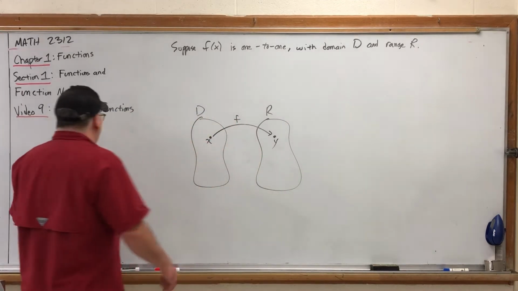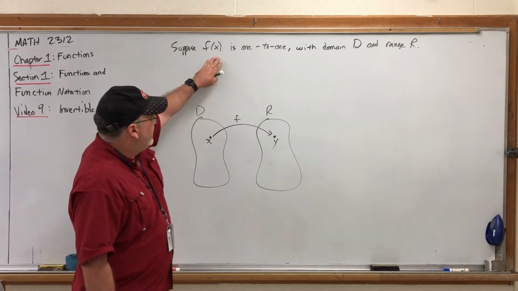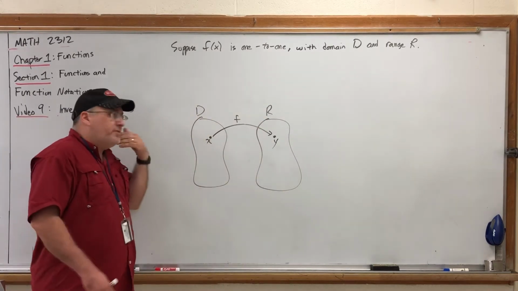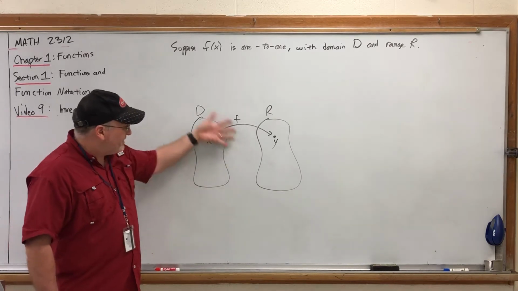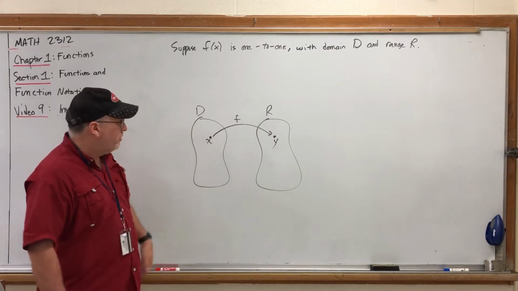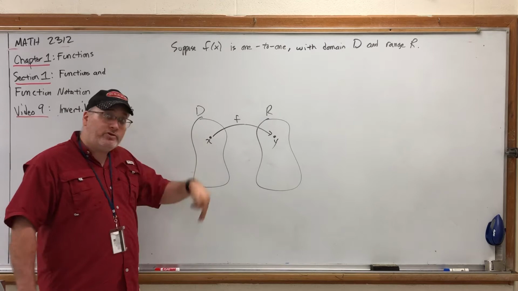All right, so what do I mean by invertible functions? Well, first, the setup. Suppose f of x is 1 to 1 with domain D and range R. Think of it this way. We've got this blob here, this lamina, if you will, representing the domain of the function. Inside of it are all the numbers that we can put into the function.